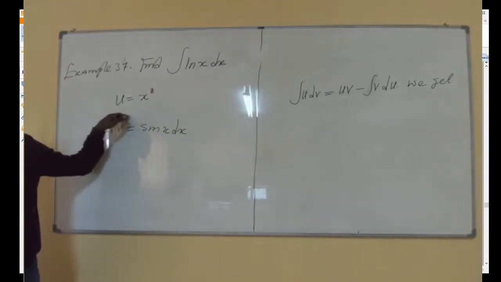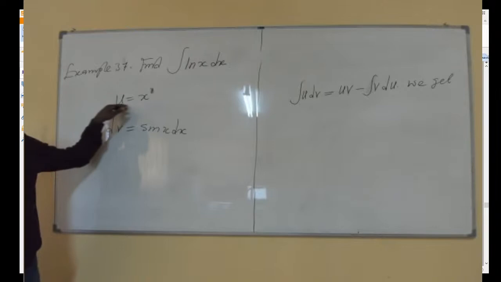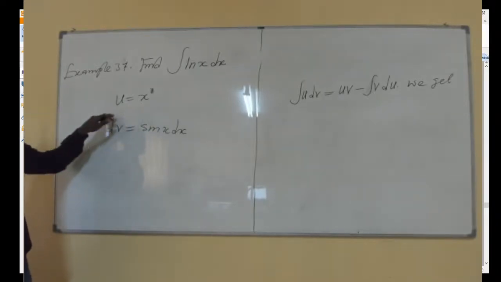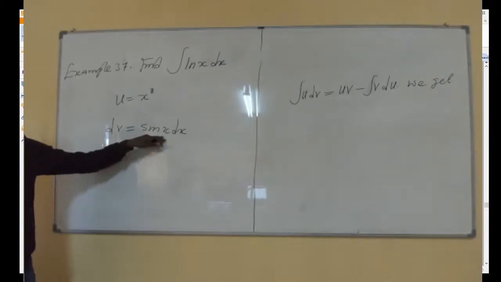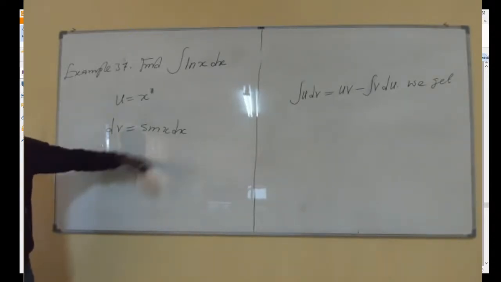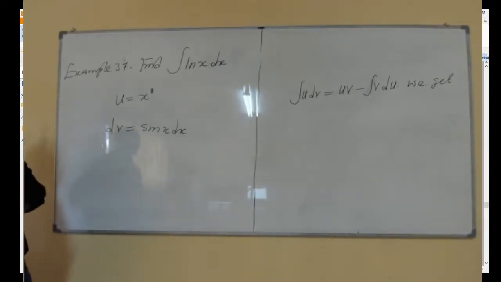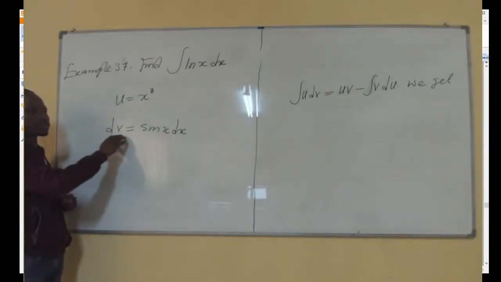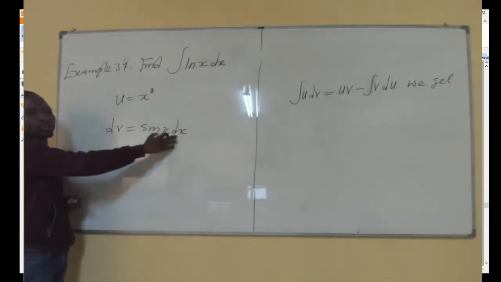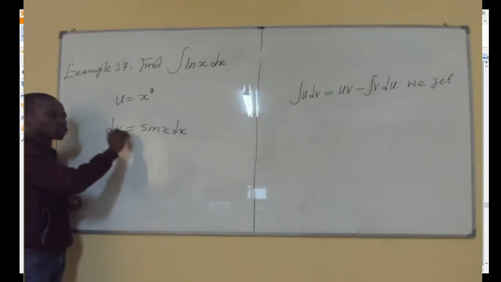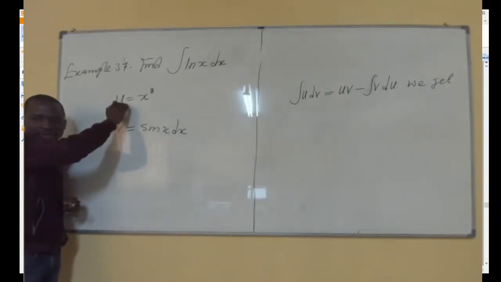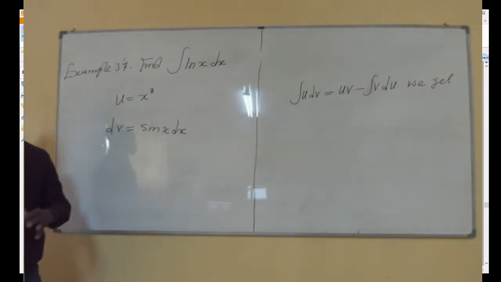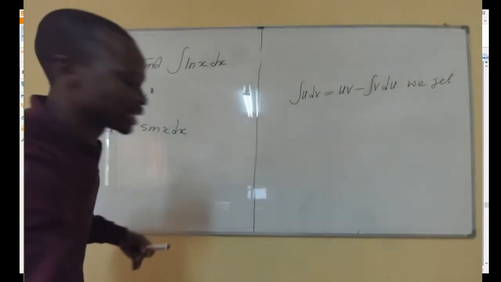You differentiate this, du dx. On this one, you differentiate. On this one, you integrate. You are able to integrate this; it's a simpler kind of simplification. It's so simple to integrate. Under here, you need to find your v from this. Here, you need to find your du from this. So this is the only secret which is there when you're integrating by parts.